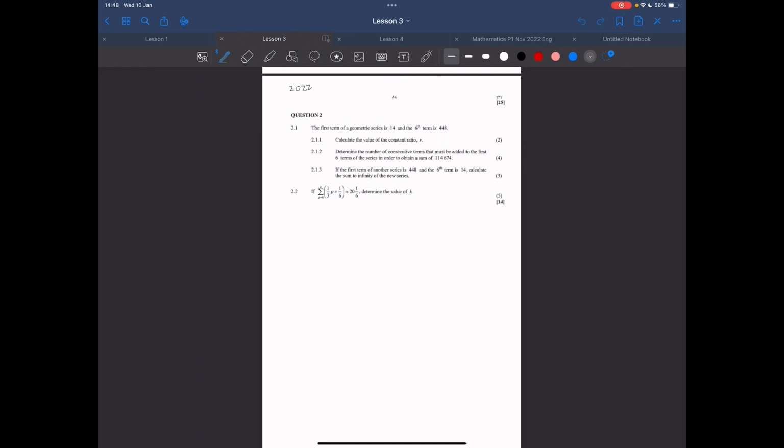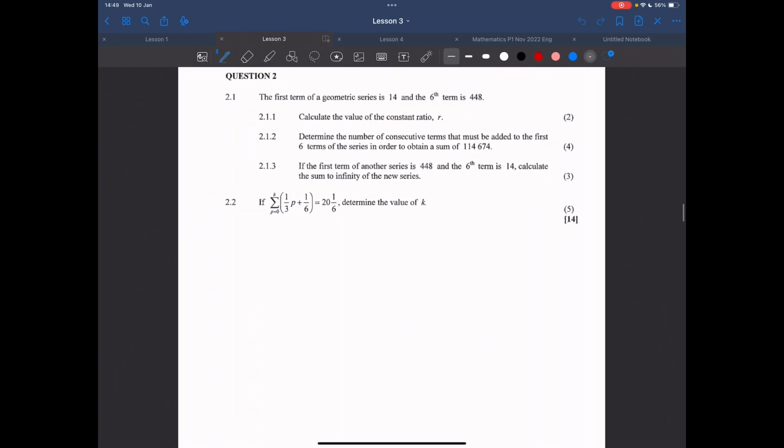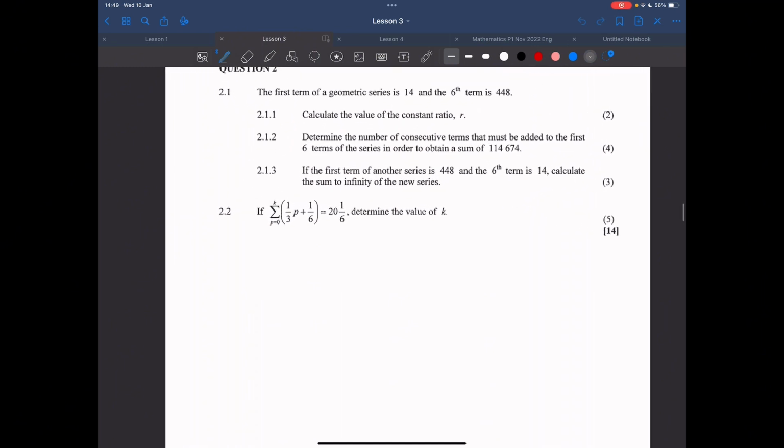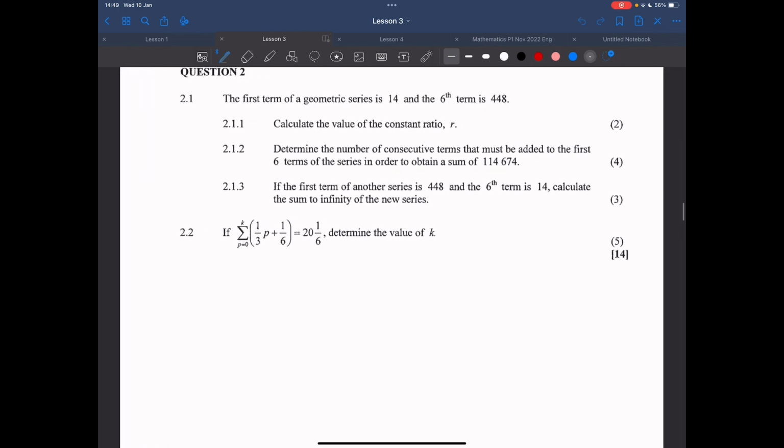It was question 2. Right, they're saying here the first term of a geometric series is 14 and the sixth term is 448. Now, calculate the constant ratio, that is R. So we are going to work this one out.